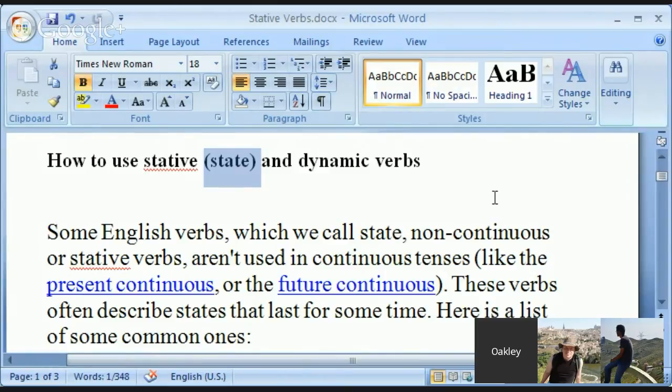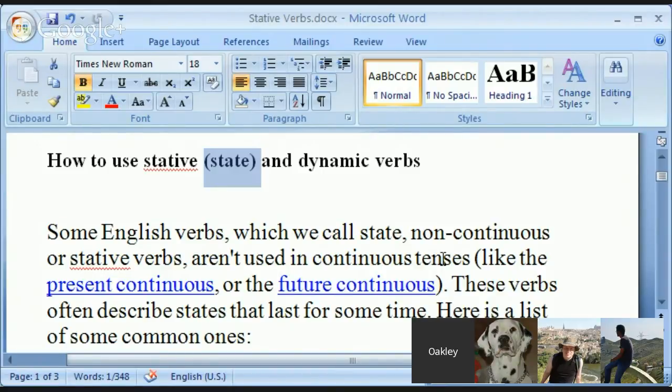So in this case, I cannot use it in a continuous tense. Continuous tenses are when we use verbs with the ing ending. I am teaching class. For example, that would be present continuous, am teaching. So obviously I can use that in a continuous tense.